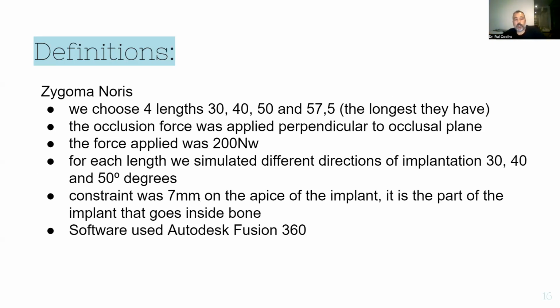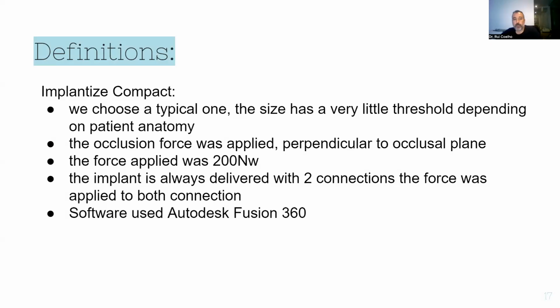Also, Norris defines that although they have 12 millimeters of apical part that is prepared, only 7 millimeters engage in bone. So that's what we do. And for our implant, it always has 2 connections, so we have to apply the force on the 2 connections. And the force applied is the regular, more or less defined, 200 newtons.